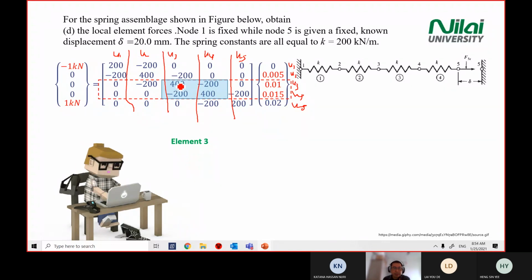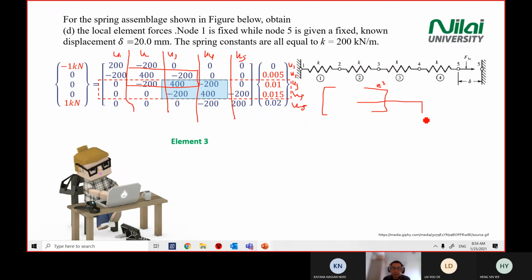Don't copy 400, because again it's the overlapping of two matrices, element 2 matrix overlapping with element 3.